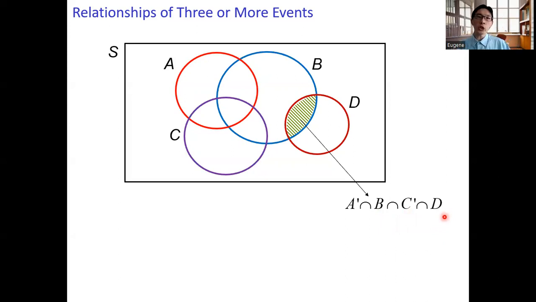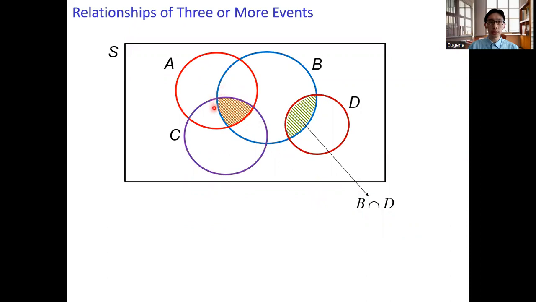If we know the relationships in the Venn diagram, we can simplify the notation here. This region can be written as the intersection of B and D. Okay, let's take a look at another region.